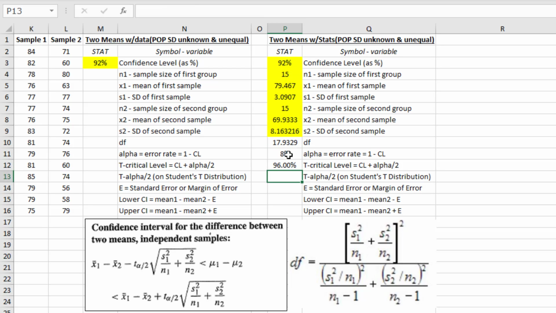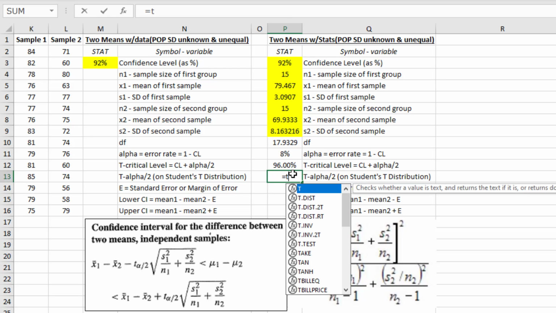And that's because we're trying to find that T critical so that we can get this value, right? Find the T value that comes associated with having that percentage of the area below it. And that's what we're going to do next, right?